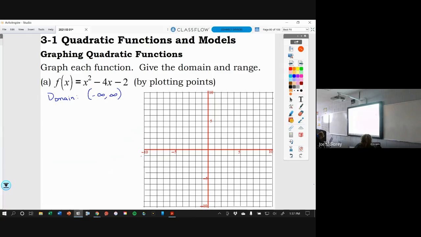Because the domain is all real numbers, that means x can be anything. And we are going to graph this by simply plotting points. What strategy would you use in plotting points on this? Plug it into my calculator and then copy the points. Without a calculator.